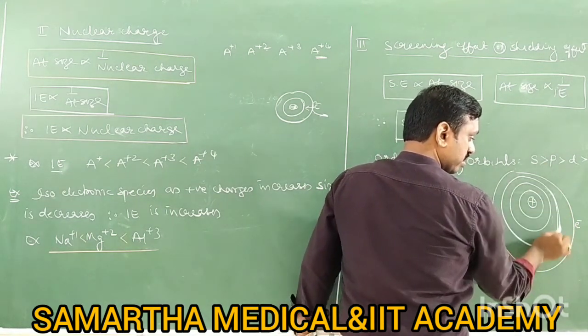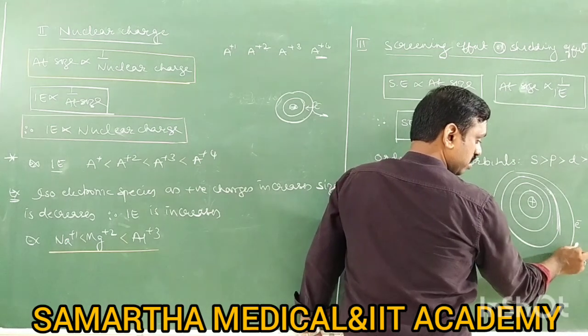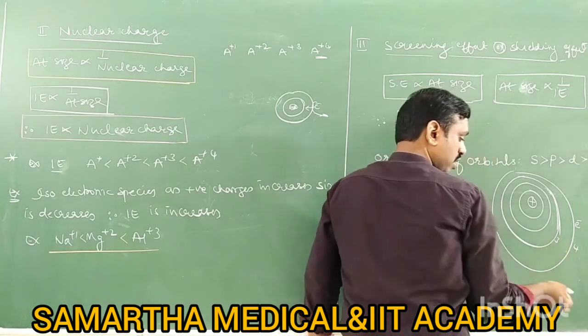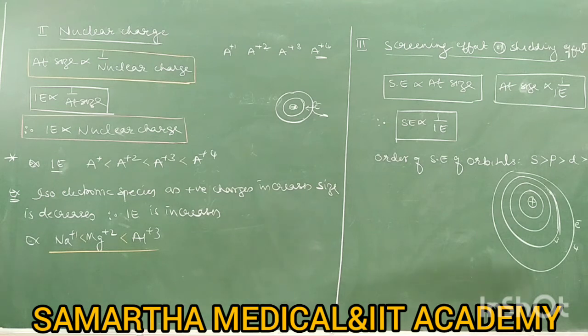There are some inner electrons here. If it is the 4th shell, then this is the 3rd. The electrons present in the third shell can make a screen, a wall, and they protect the outermost electron from the nucleus force of attraction.